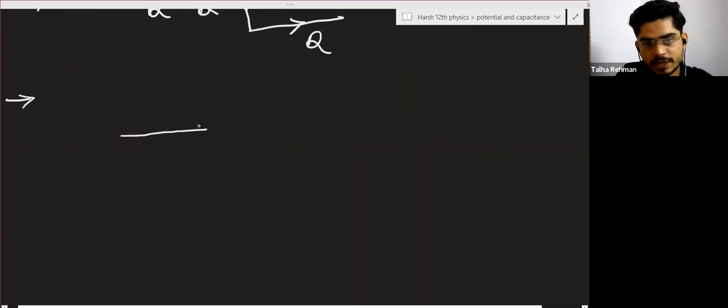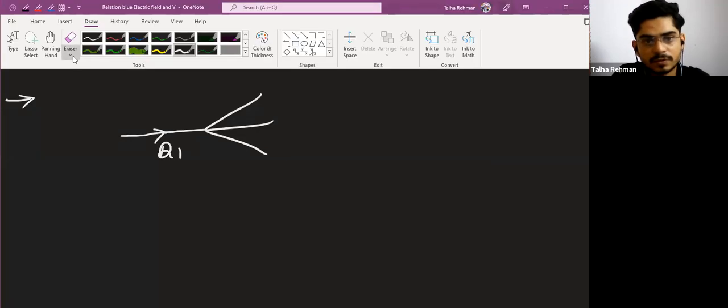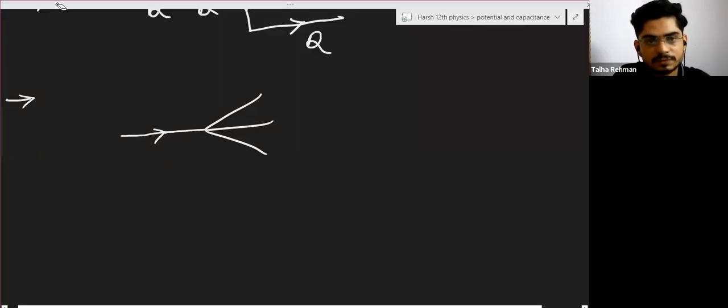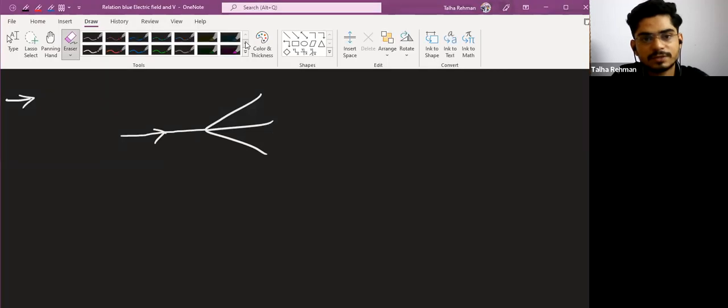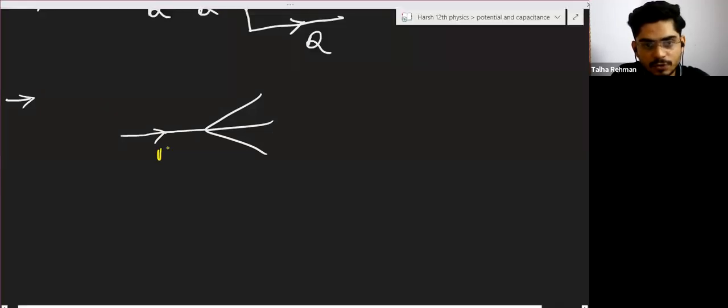But this time I have this wire, and now there are 3 branches of this wire. If charge is Q1, Q1 charge is flowing in the wire, Q charge is flowing in this wire. So at this junction, moving from here to here, the wire is same.